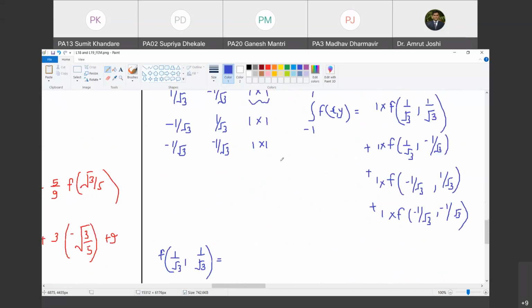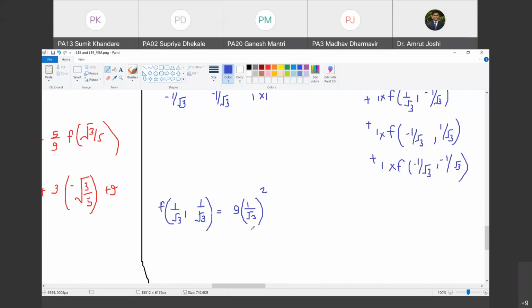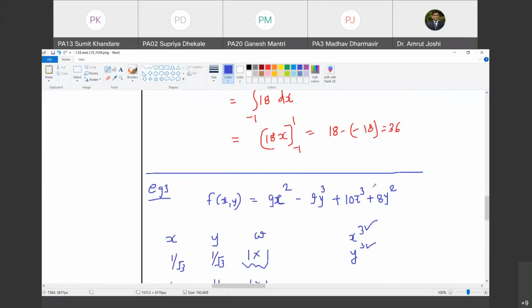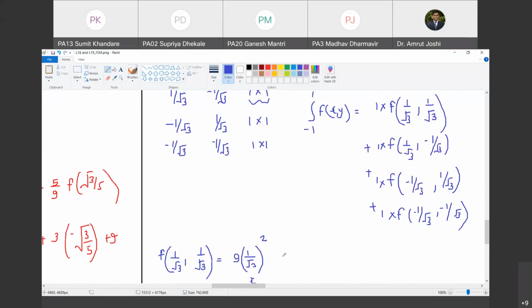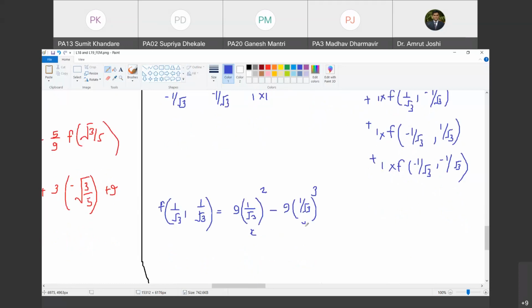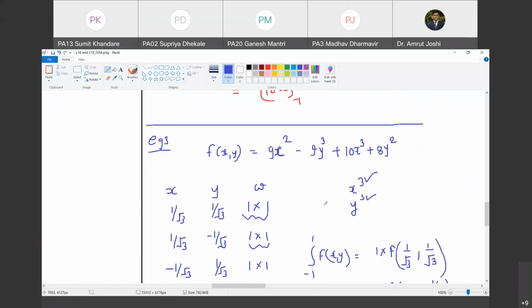So what is the function? 9x square. So it is going to be 9 into 1 upon root 3 square. This is x square. Then next is minus 9y cube. So minus 9 into 1 by root 3 cube. This is y here. Are you with me?